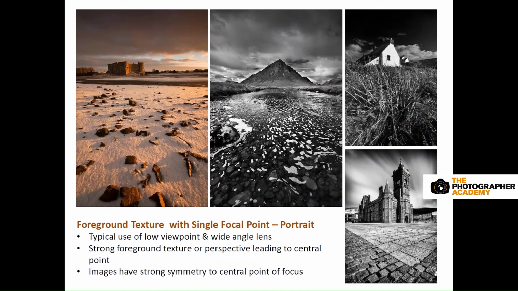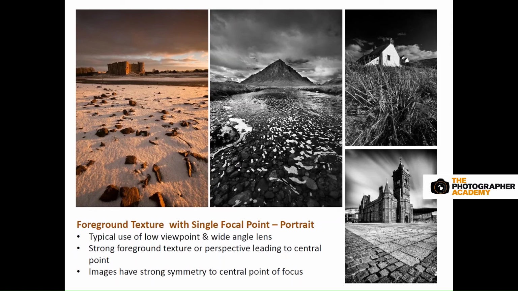These are doing something very similar with portrait format. So yeah, I know the one with the castle is actually a little bit on the thirds, but effectively, instead of landscape format, you're using a texture in the foreground to draw your eye to a single feature in the background. So in terms of image construction, all these are very similar.